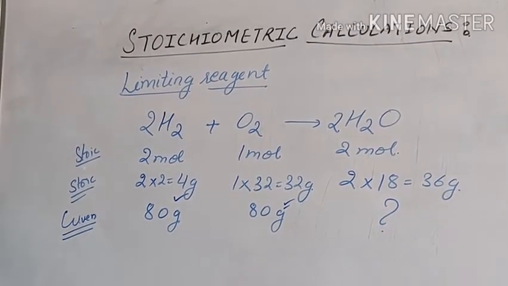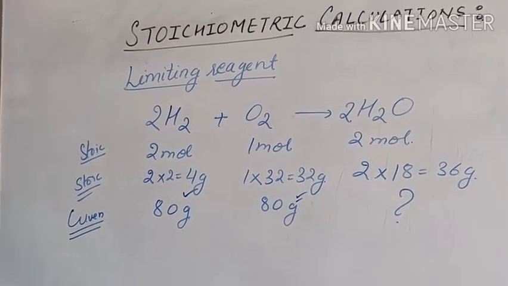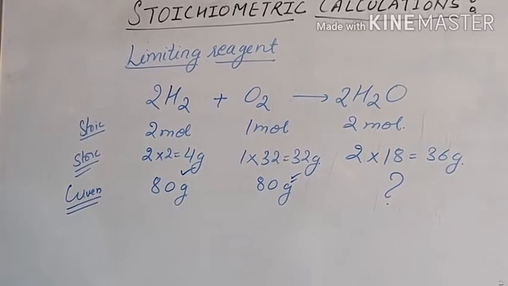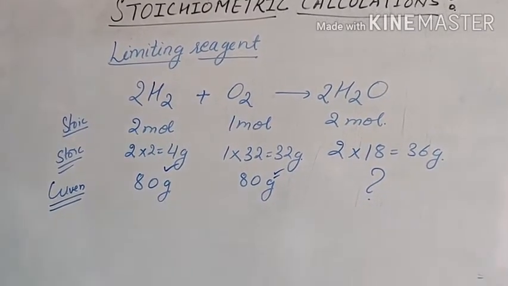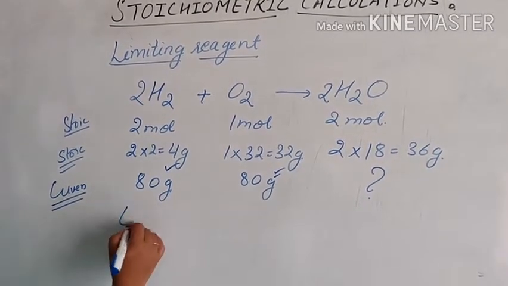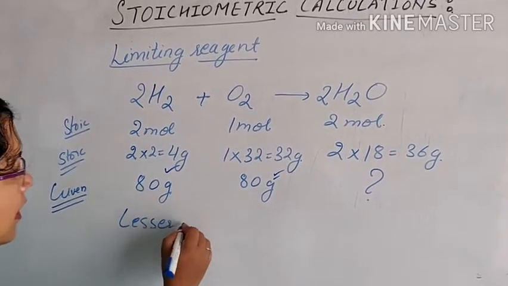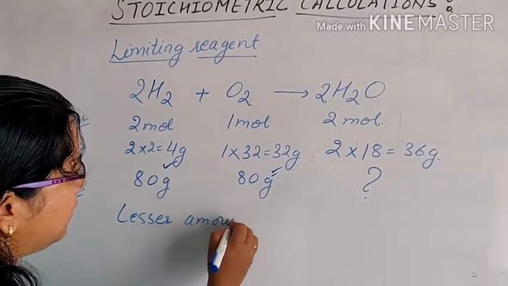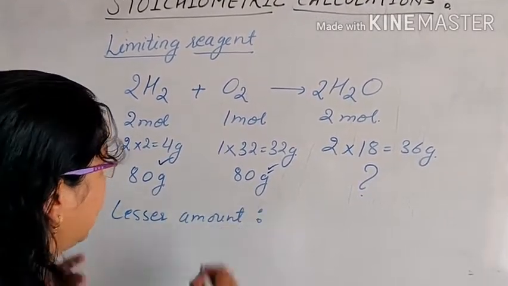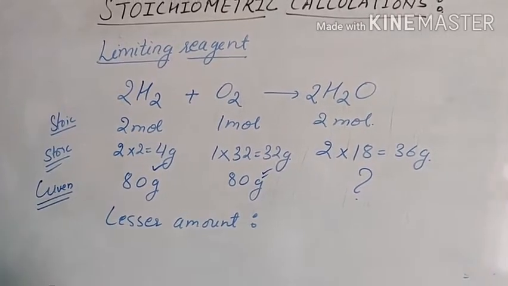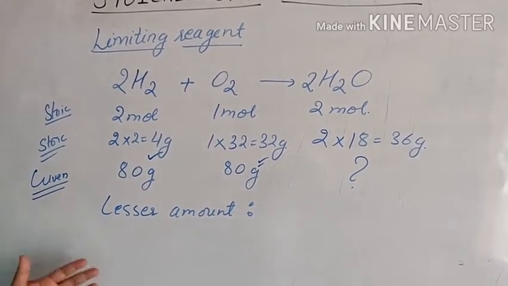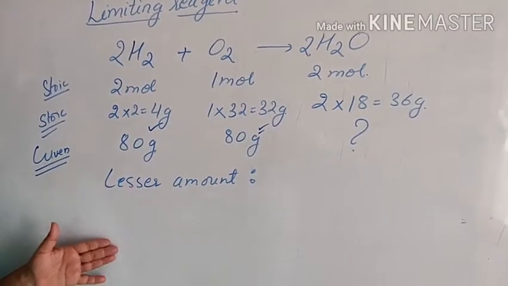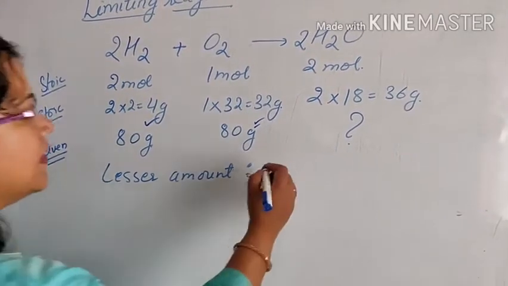Now in this case, we need to know which reagent is available in lesser amount. The reagent which is available in lesser amount will limit the reaction, or we can say that the reagent which is present in less than required amount will be consumed first.